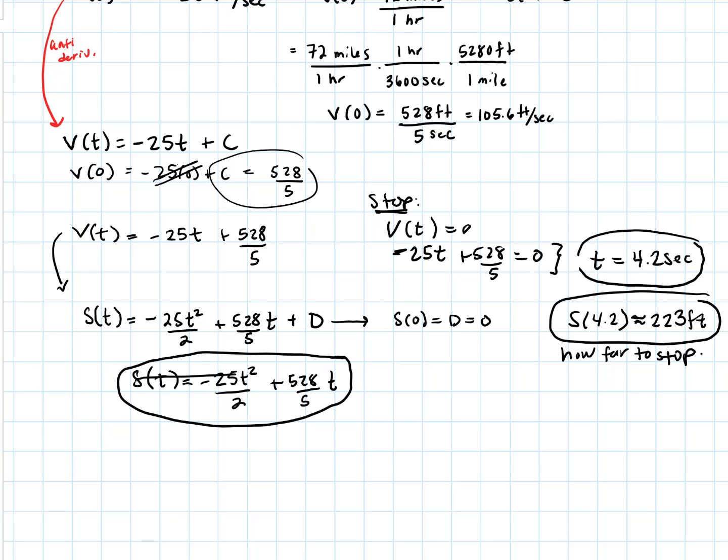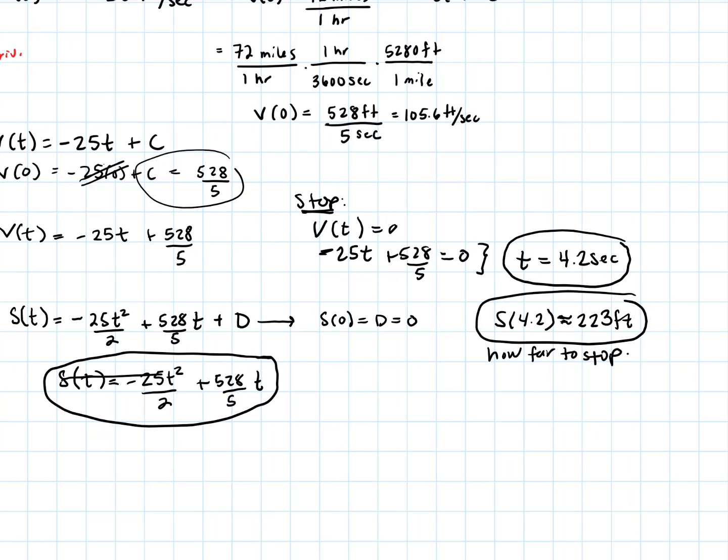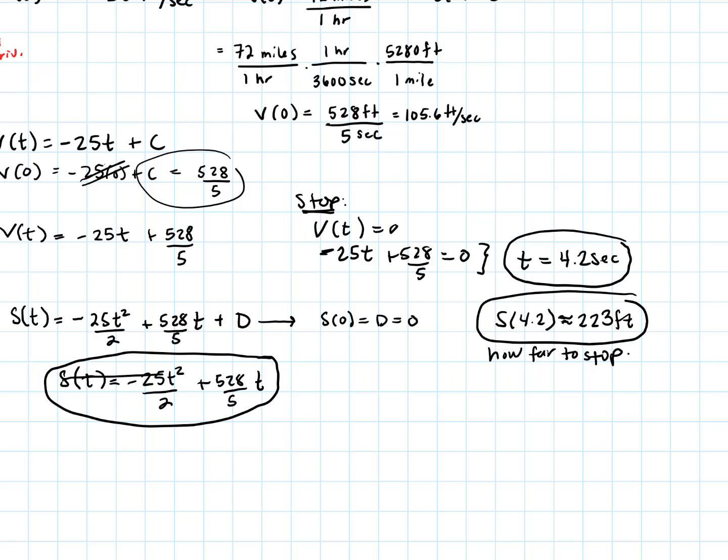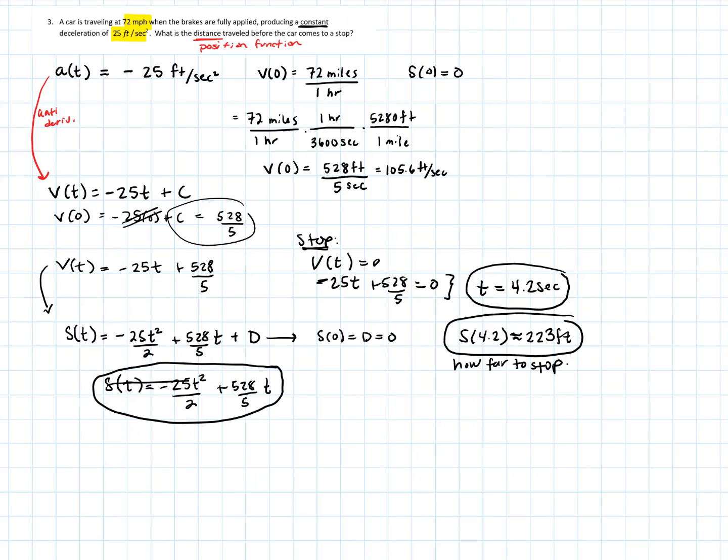So it takes a little over 4 seconds to stop, and the car would travel 223 feet to do that. At the end there, my screen was freezing up a little bit, but let me scroll out. I think we get the general idea. So using antiderivatives and some ideas about motion, and obviously if you're at a stop, your velocity is 0, your rate of change is 0.